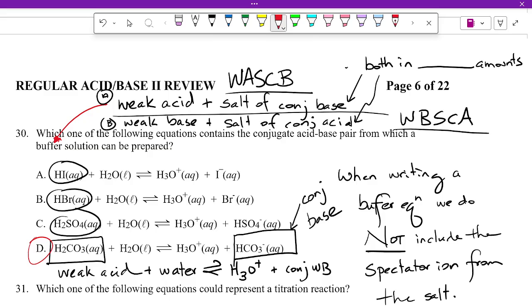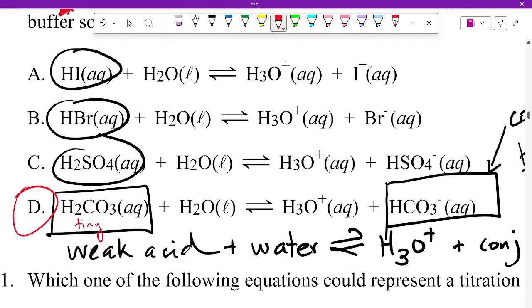Now, going back to our buffer, how much do we need of both of them? If you have a tiny amount of this, or a tiny amount of that, oh, by the way, how does a buffer work? It works by shifting.